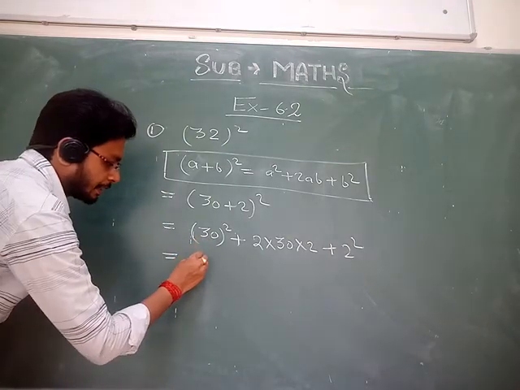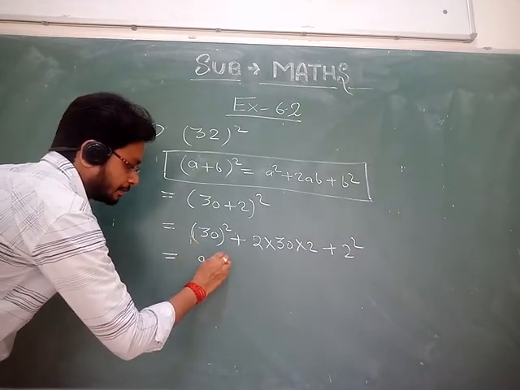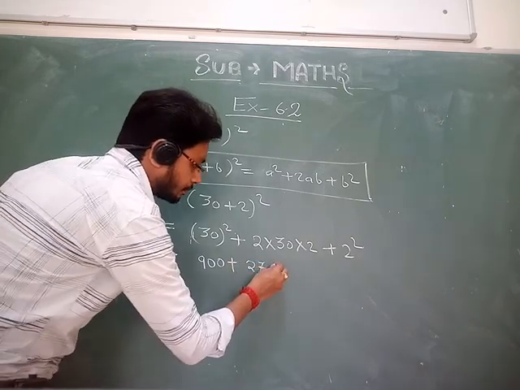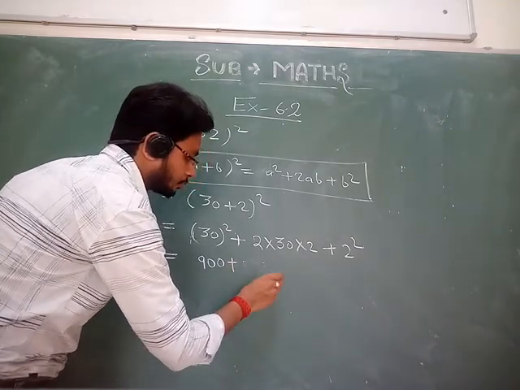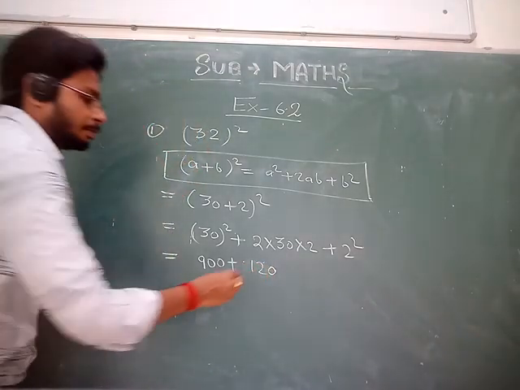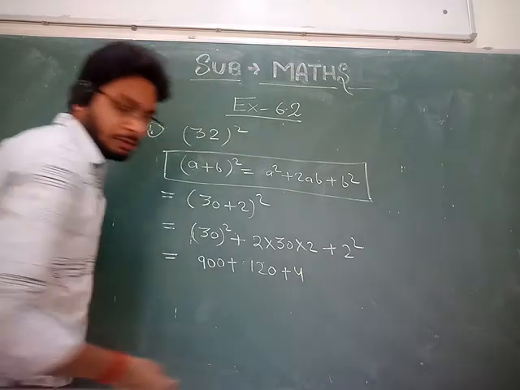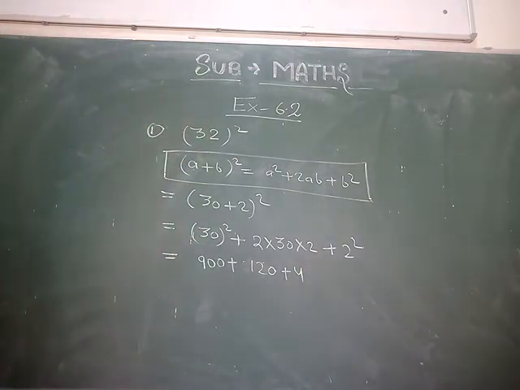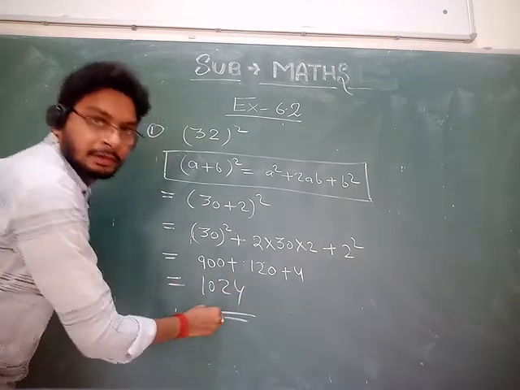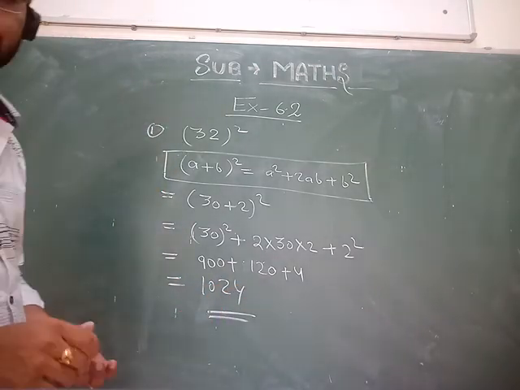The square of 30 is 900 plus, sorry, 120. And then plus 4. So you will get 1024. That is the answer. Okay, clear?